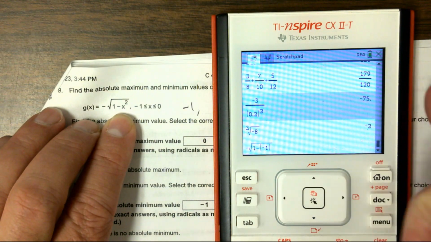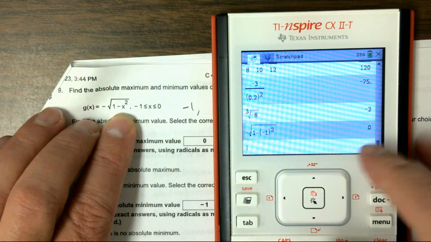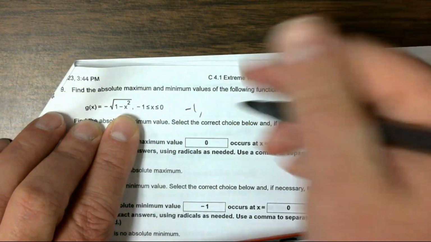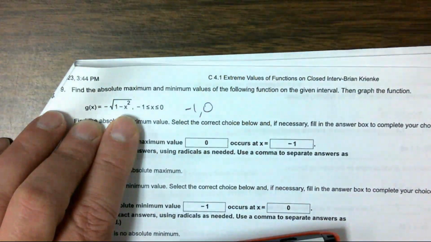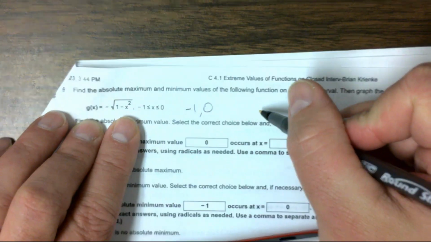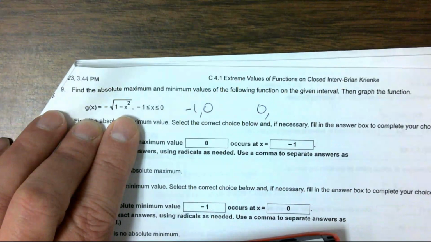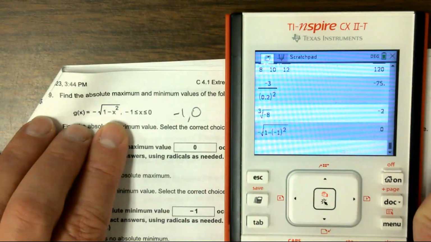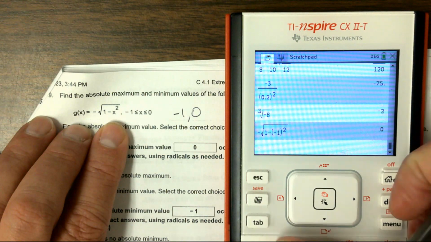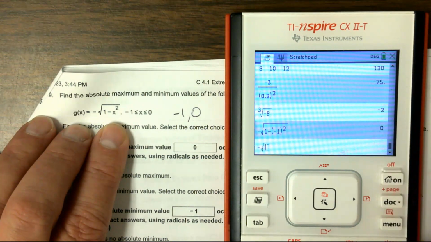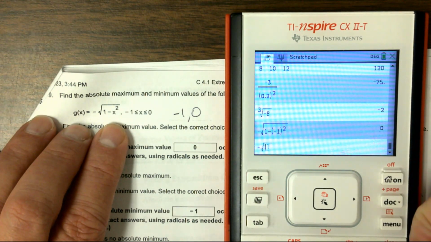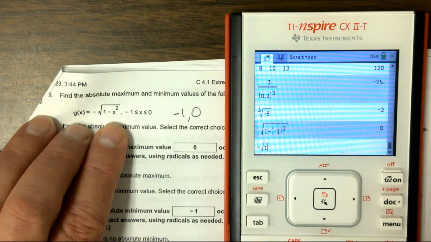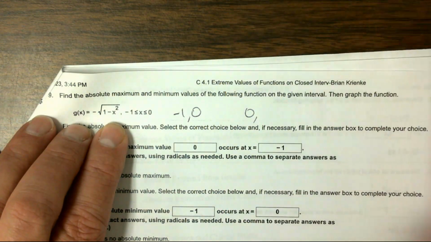So -1 squared. When we do that, we get 0. And then for the other endpoint, it's just negative square root of 1. So that's just -1.